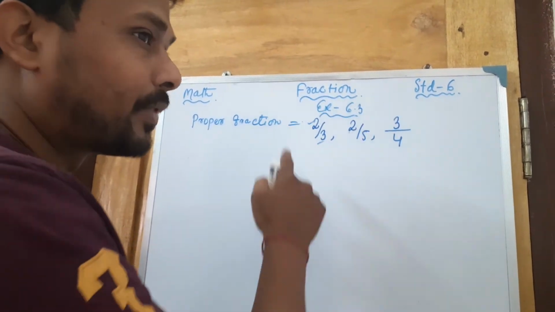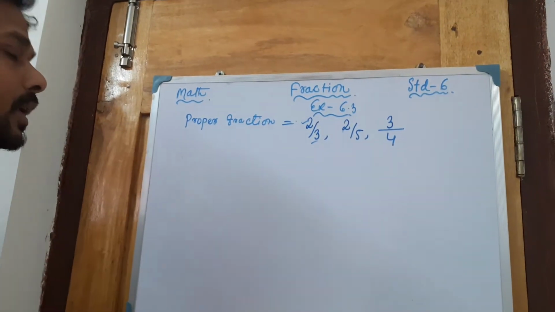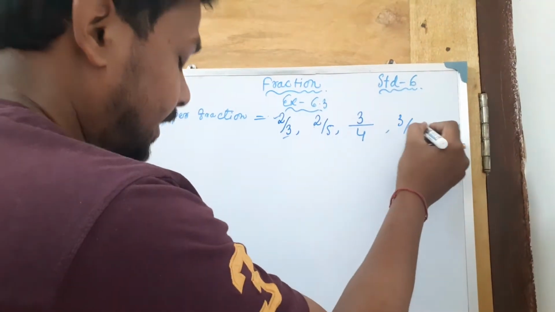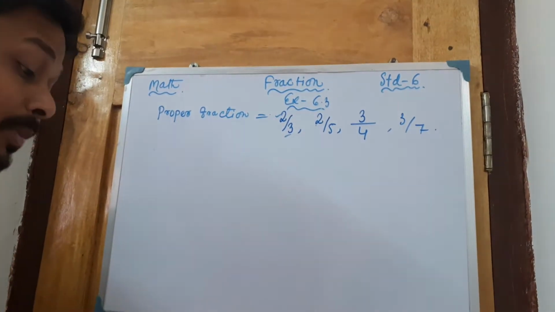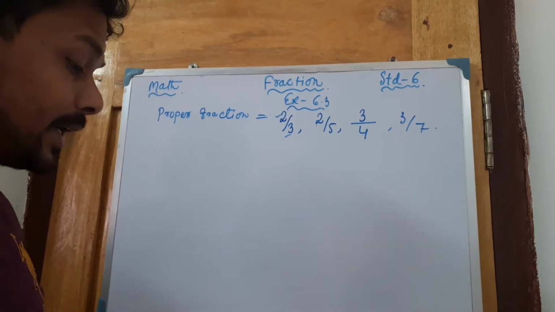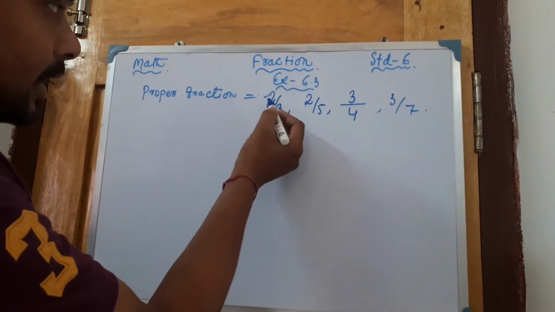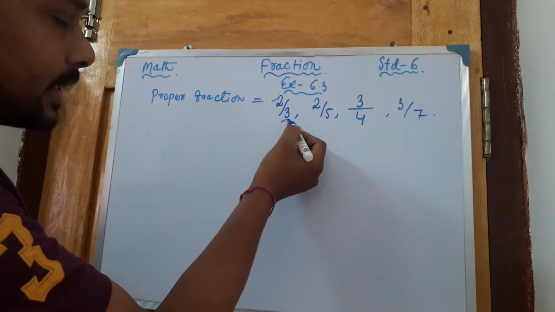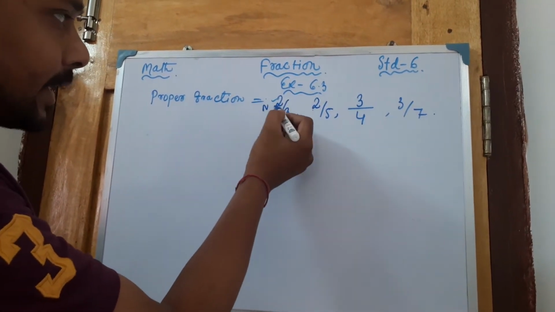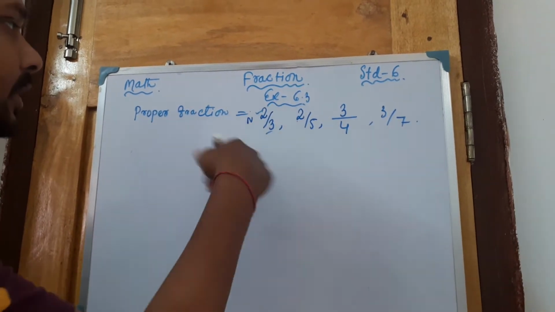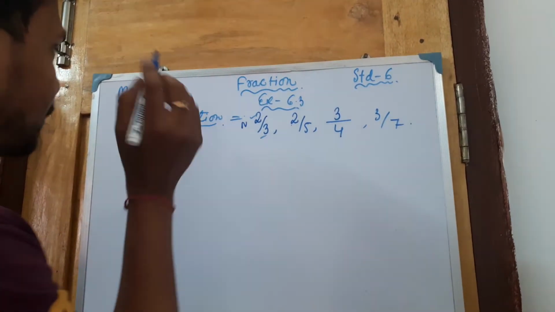So this type of fraction will be known as a proper fraction. These are the examples given, 3 by 7 and so on. The fraction whose numerator is greater than 0 but less than the denominator is called a proper fraction. Numerator greater than 0 means 2 is here, and less than the denominator. That's why this type of fraction is known as proper.